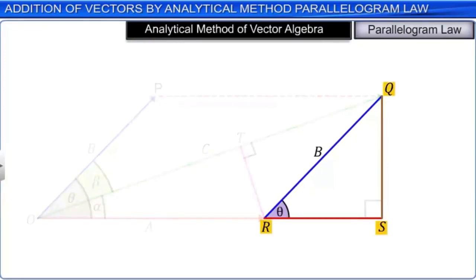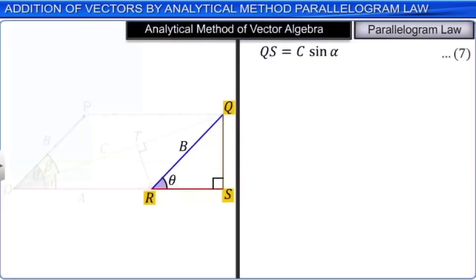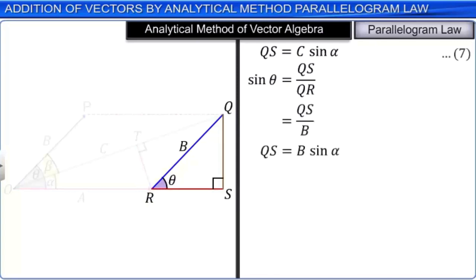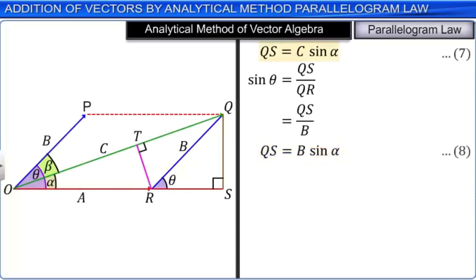Now as OP and RQ are parallel, RQ should also be B vector. So we are going to utilize that value in the triangle RQS again. The sine ratio is given by QS over QR, and QR can be written as B. So QS divided by B is equal to sine theta, or QS is equal to B sine theta.